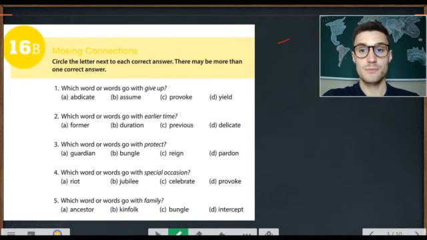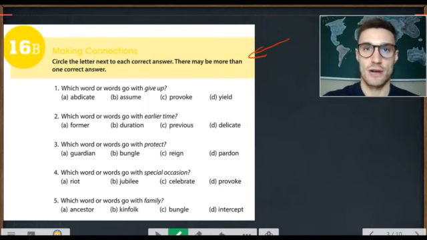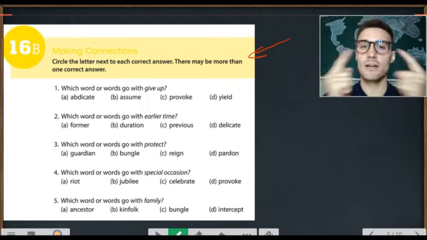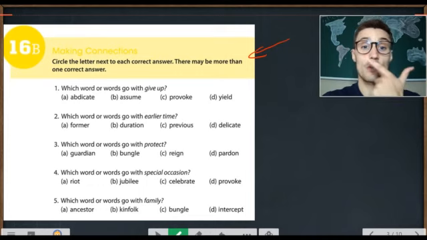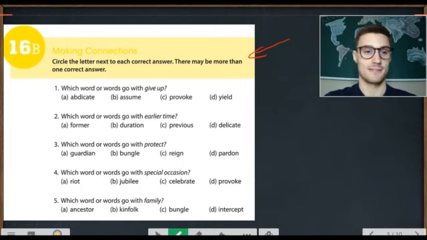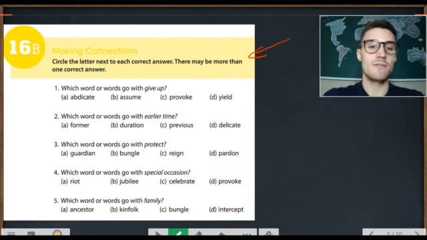First thing is we'll read the instruction. Making connections. Circle the letter next to each correct answer. There may be more than one correct answer. Remember that. Question 1. Which word or words go with give up?